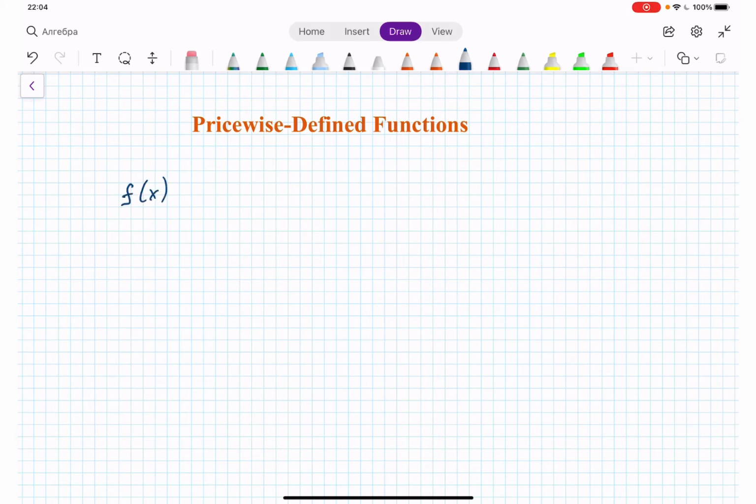f of x is equal to negative 2x plus 1, and x squared plus 2.